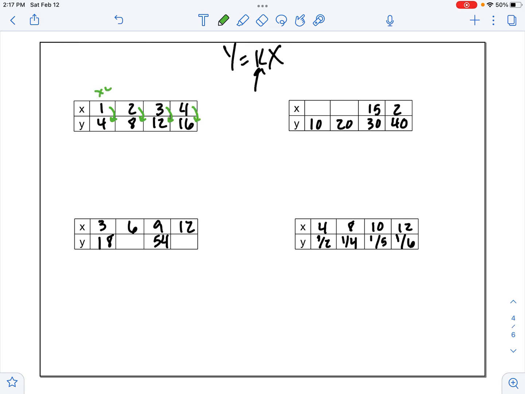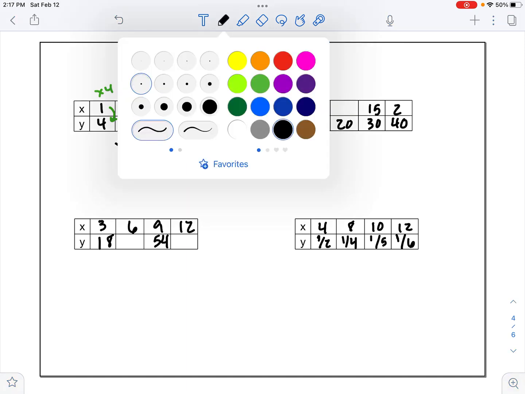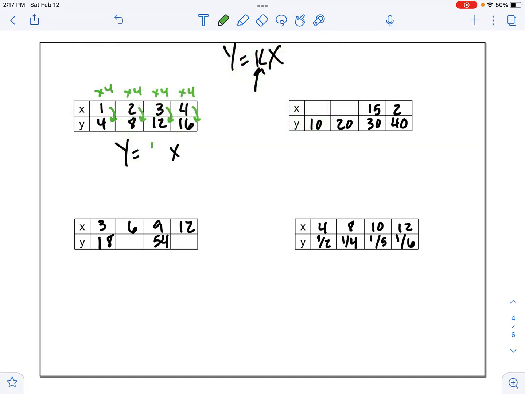Well, I had to multiply by 4 each time, which makes 4 my k value. So when I write my equation, y equals, the k is what I had to multiply by. So the equation for that particular table and set of values is y equals 4x.